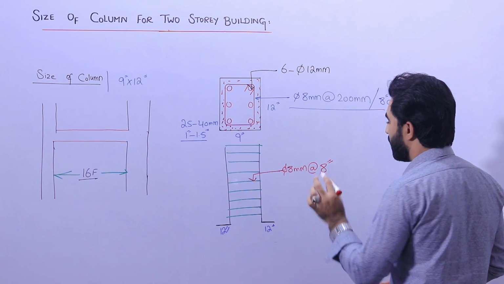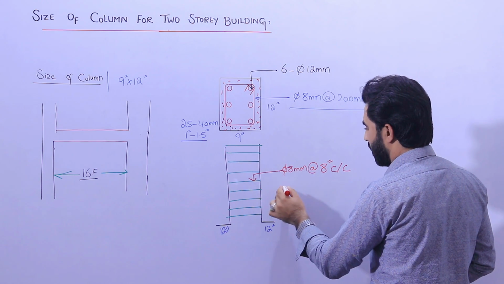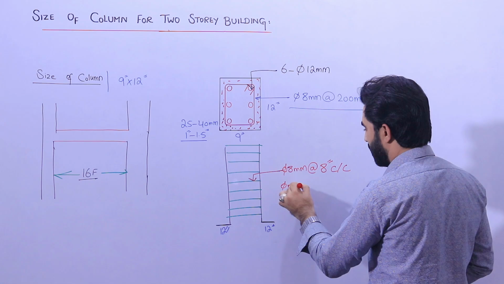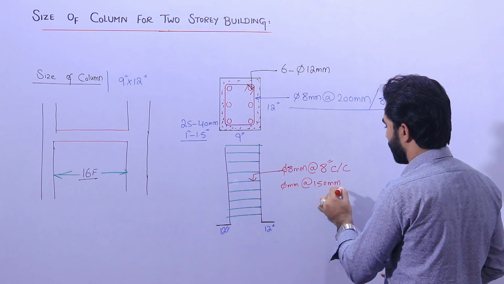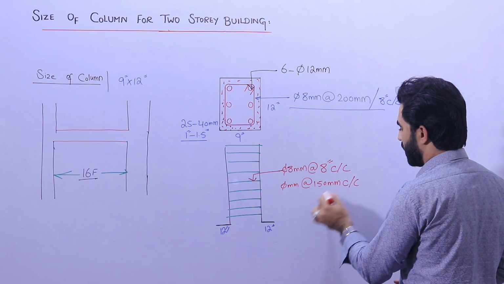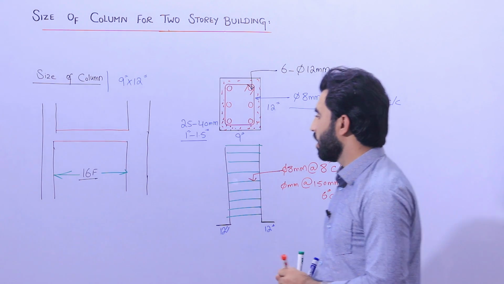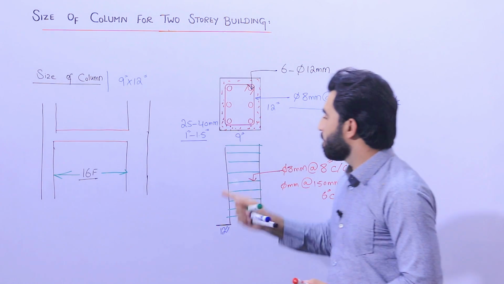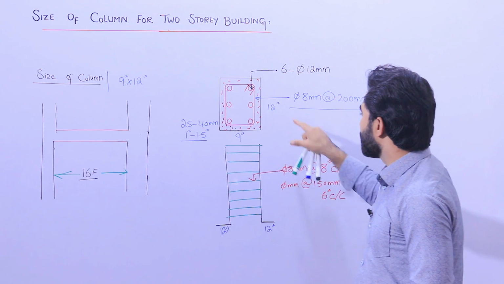Okay, it should not be more than 8 inches, but I am recommending you guys, you can keep 8 mm with the spacing of 150 mm C/C, or you can say 6 inches, center to center. This is my recommendation, okay? So this is very important. So here guys, the size we already cleared, and the steel reinforcement.